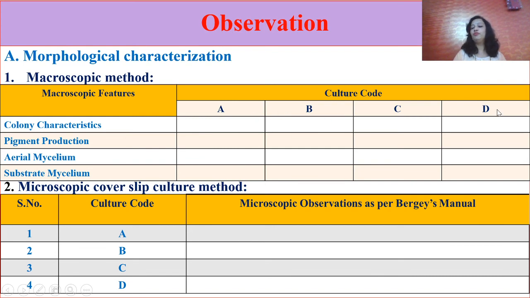Suppose we have 4 pure cultures. For each pure culture, the colony characteristics, pigment production, aerial mycelium, and substrate mycelium observations are recorded. For the microscopic cover slip culture method, the culture codes are written here, and the microscopic observation as per Bergey's manual will be added here.